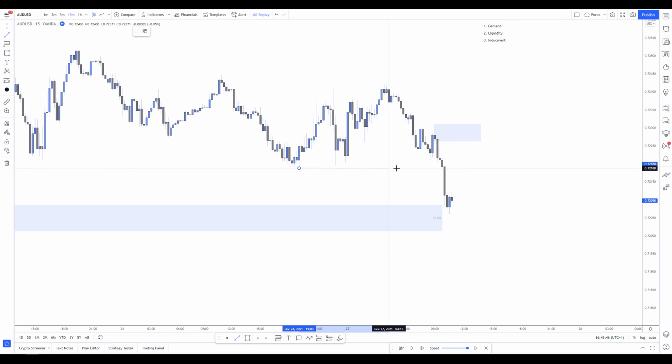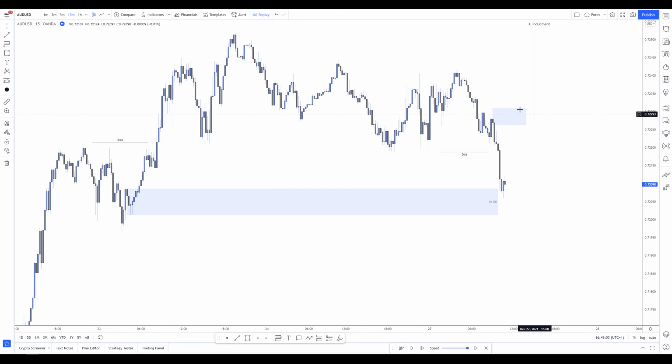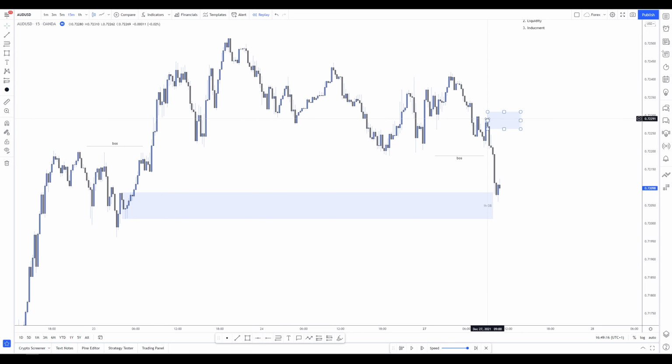Now this supply area broke this significant structure point and took out the liquidity. But as you can see, the 1 hour order block is always stronger than the 15-minute order block. So I was still looking for longs even if we had a bearish order block above here.